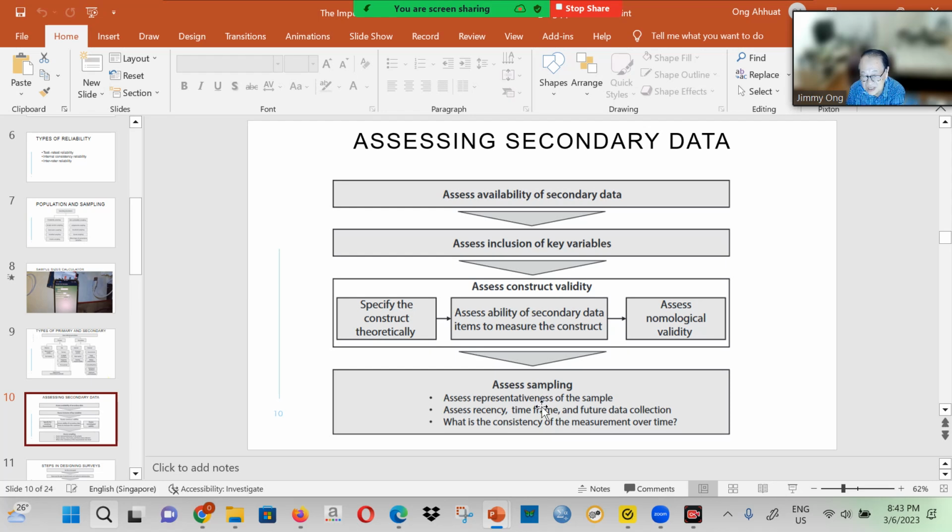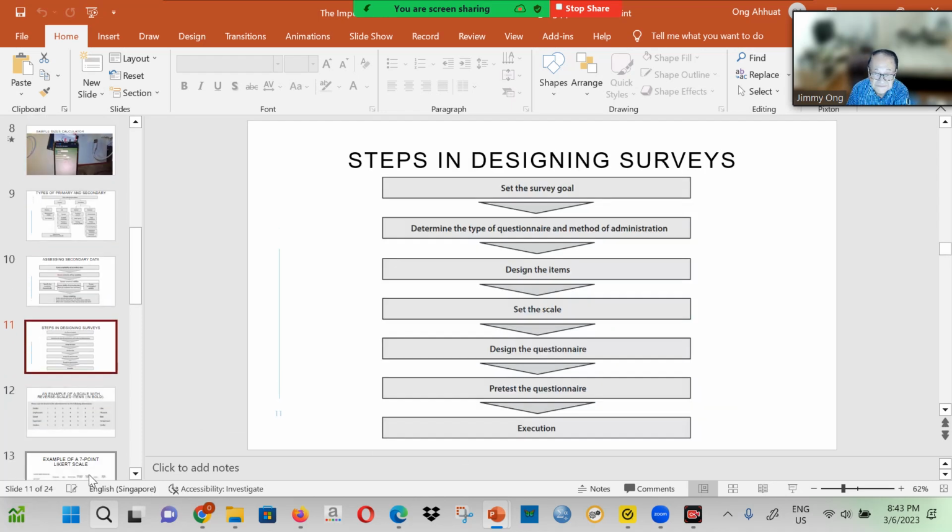Is it representative enough, how accurate is it, how recent is it, what is the time frame. You can get a literature review that is a bit long, so you must take some current journals, so that the time frame is shorter for your literature review. Okay, not so much time, that's why I don't want to explain.